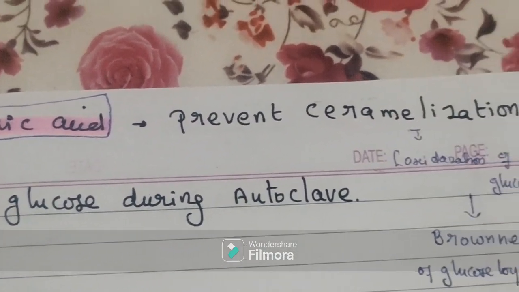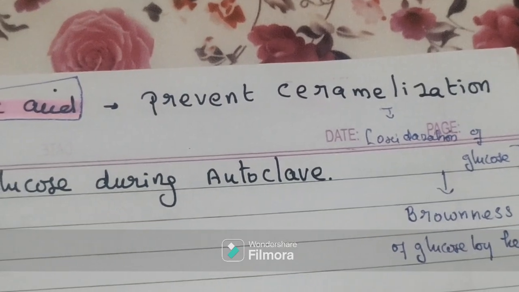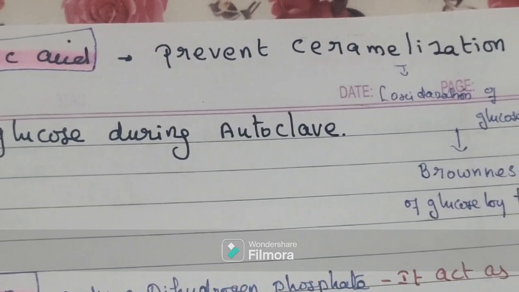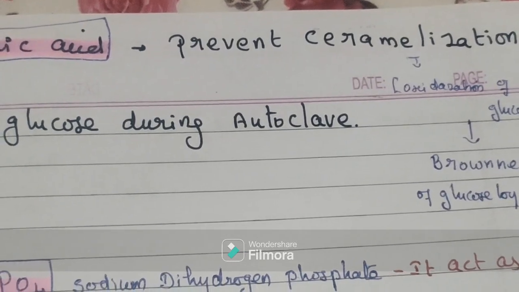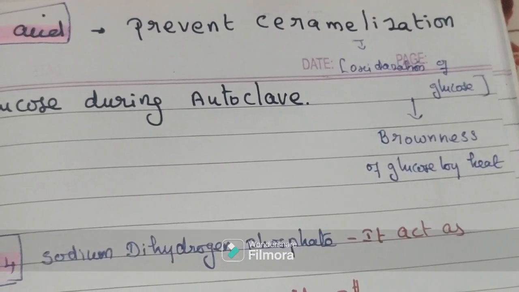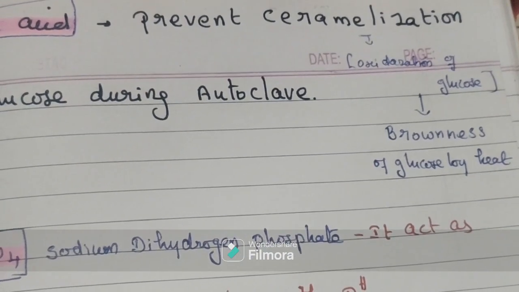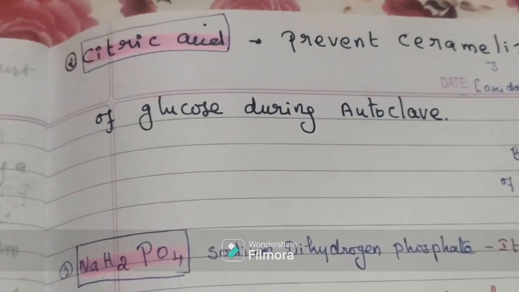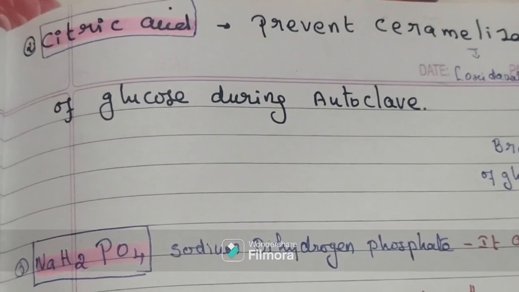Second one is citric acid. Citric acid prevents caramelization. Caramelization is nothing but oxidation of glucose, browning of glucose by heating during the autoclave process. Why is autoclaving required?